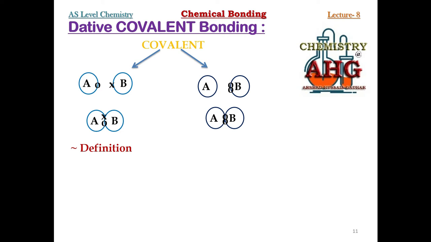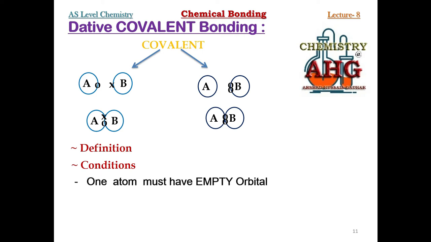Another important thing that can be asked in your exams: what are the conditions necessary for dative covalent bond formation? You must remember there are two conditions which are necessary for the formation of dative covalent bond. Condition number 1, one atom must have an empty orbital, while the other atom must have at least one lone pair.